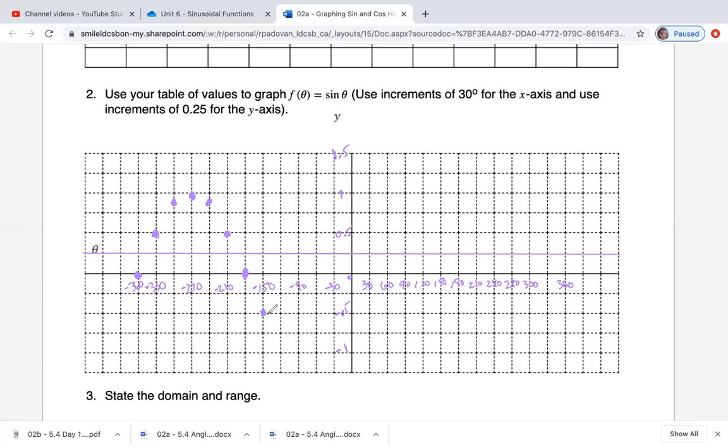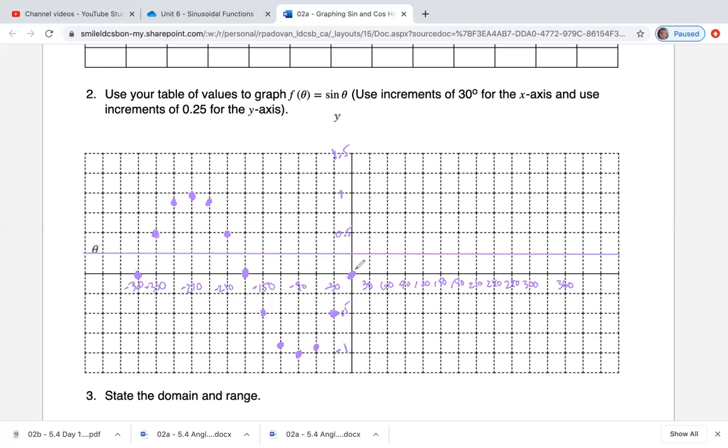Negative 120 and negative 0.9. Negative 90 and negative 1. And then back, the mirror image: negative 60, negative 0.9, negative 30, and negative 0.5, and 0 and 0.